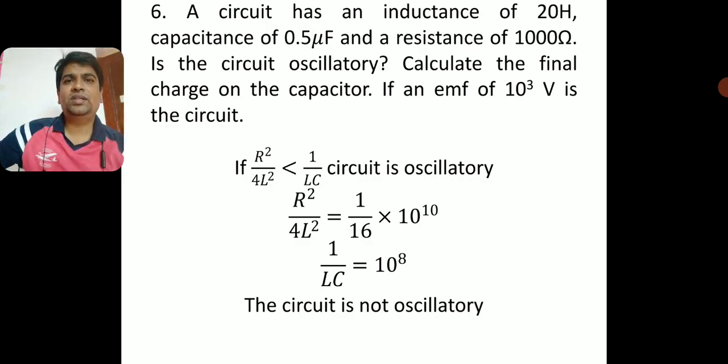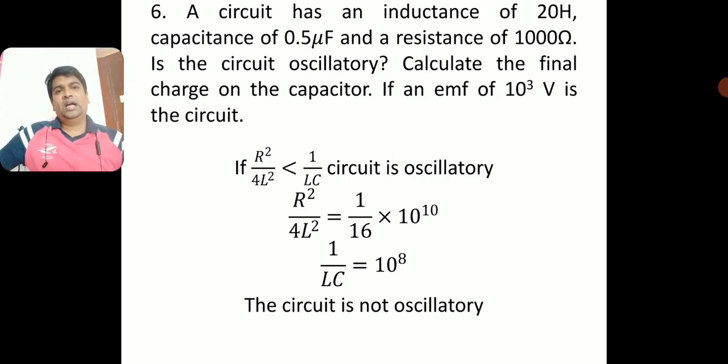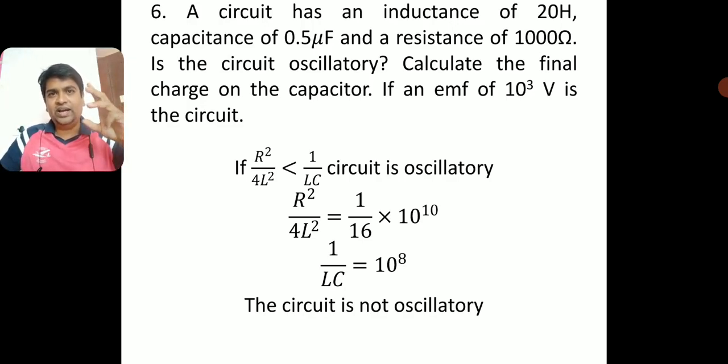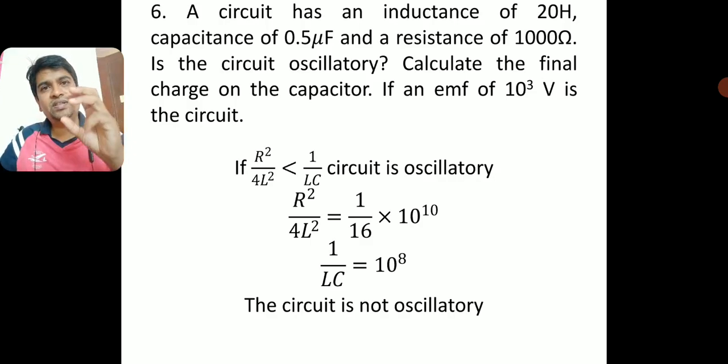This comes under the discharging of the LCR circuit. In the last derivation, I told you that if R square by 4L square is less than 1 by LC, the circuit is oscillatory. I have discussed the 3 cases after the derivation.